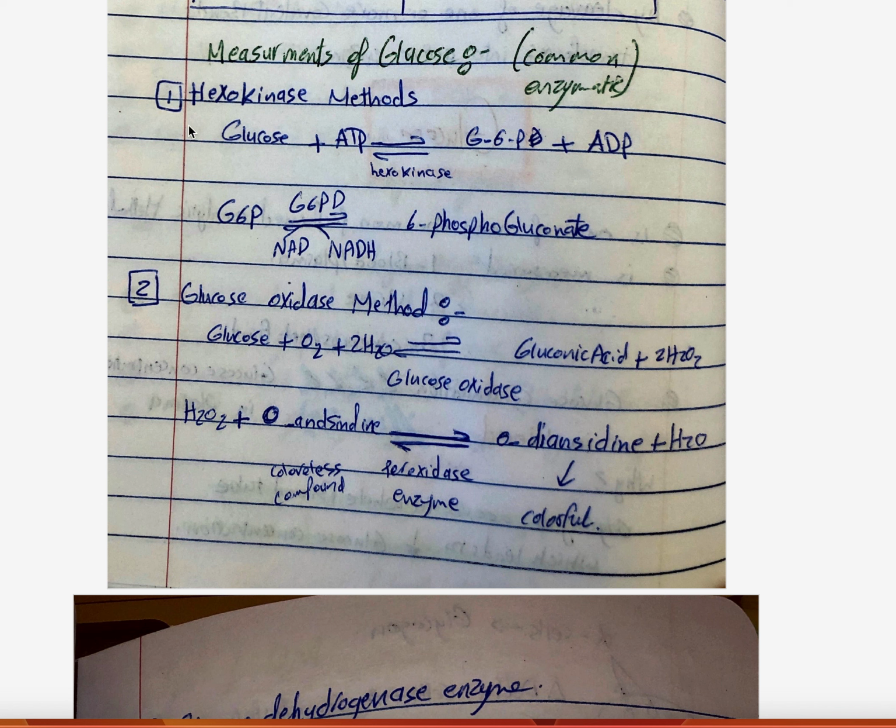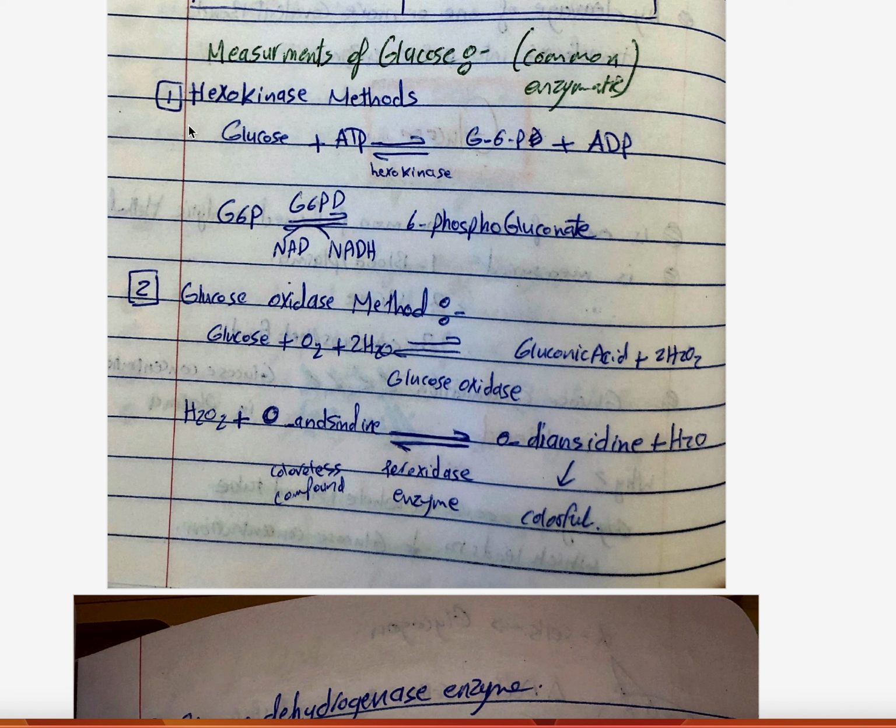So the first one, the hexokinase method, we said glucose plus ATP, by hexokinase, leads to the production of glucose 6 phosphate plus ADP. Then the glucose 6 phosphate, by glucose 6 phosphate dehydrogenase and NAD, leads to the production of NADH, and that leads to the 6 phosphogluconate. All the focus is on the NAD to NADH, because we know the absorbance is 340.